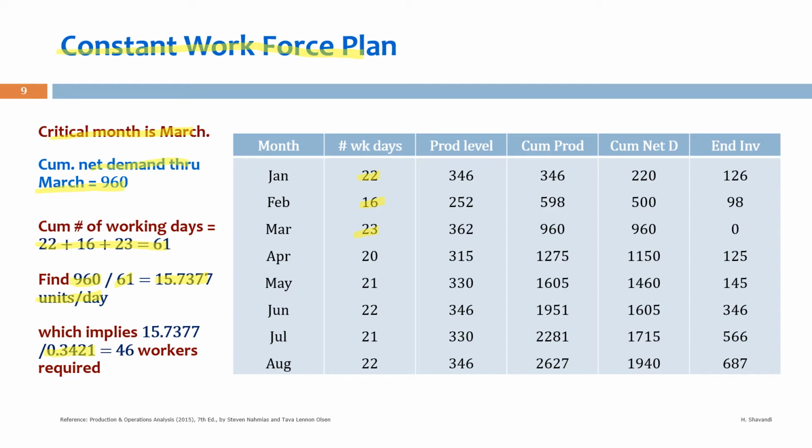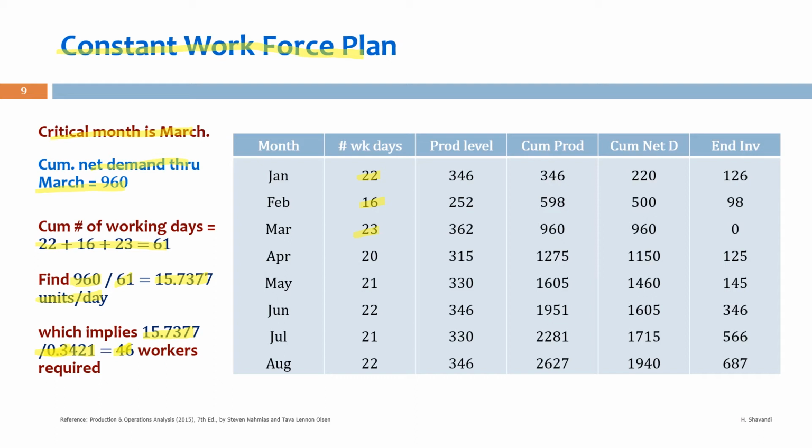Now if we divide 15.7377 by this k factor, we obtain the number of workers that we need to meet our cumulative net demand through March, which will be 46. So this tells us that we need to have 46 workers in the company.